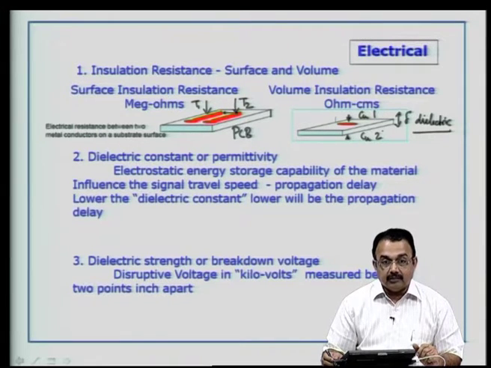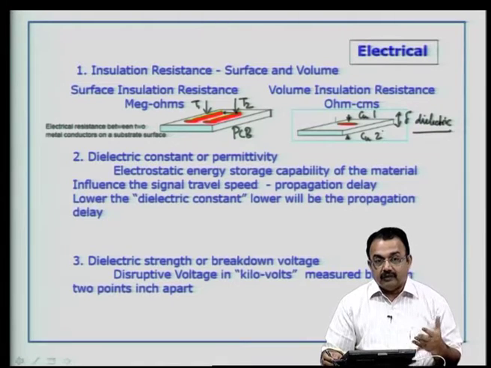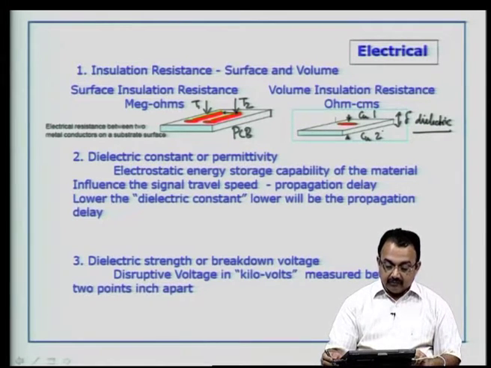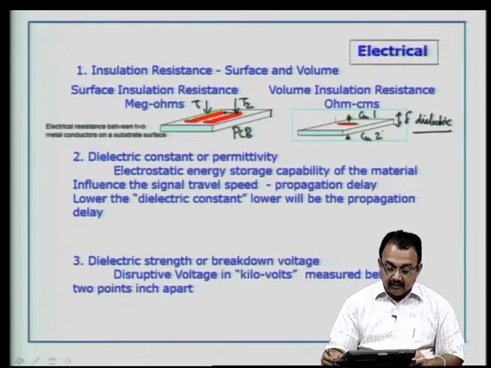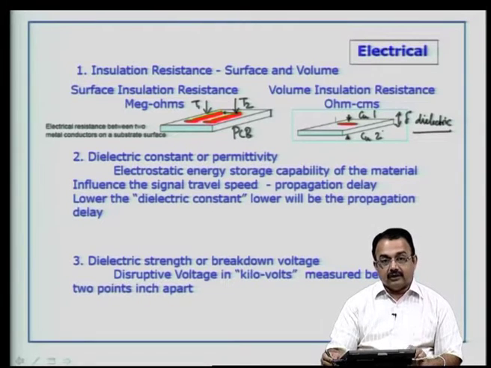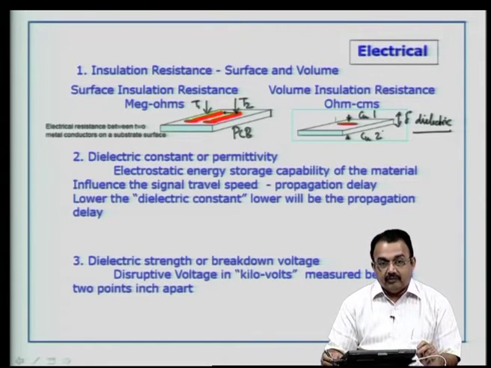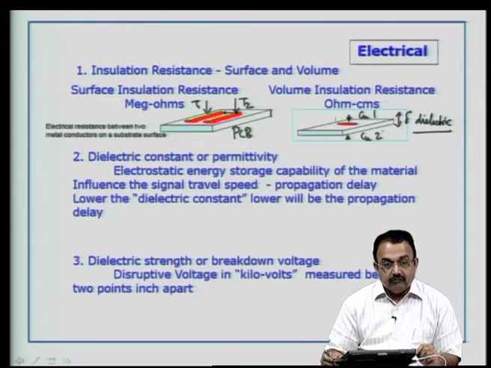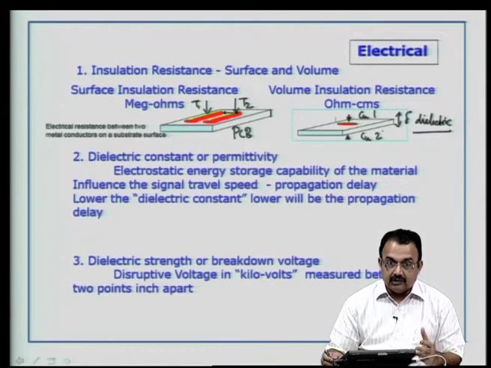Dielectric constant or permittivity, all of you are aware of this basic concept of dielectric constant in a material. It is basically the electrostatic energy storage capability of the material, and it influences the signal delay in a system, or the signal travel speed, or you can call it a propagation delay.